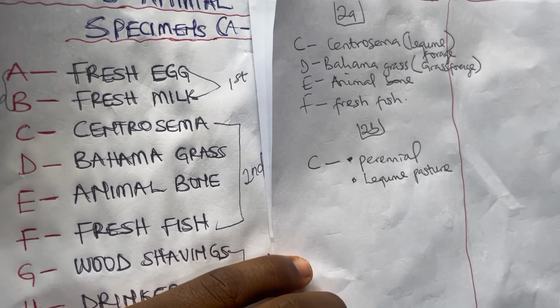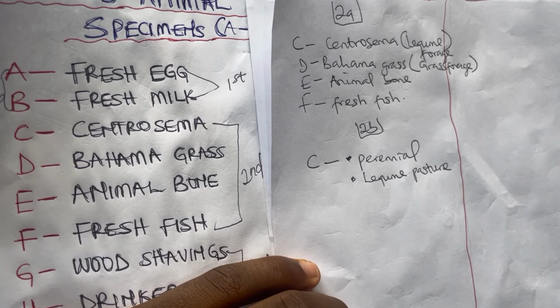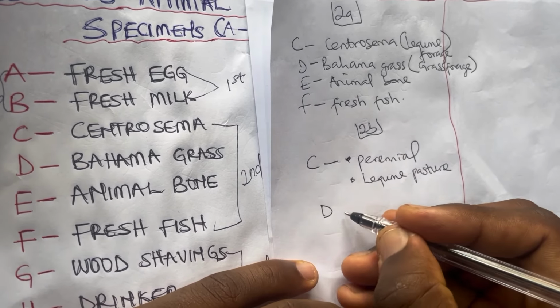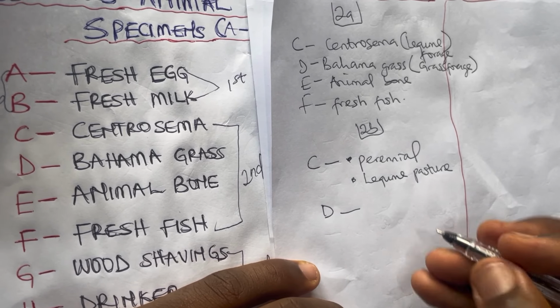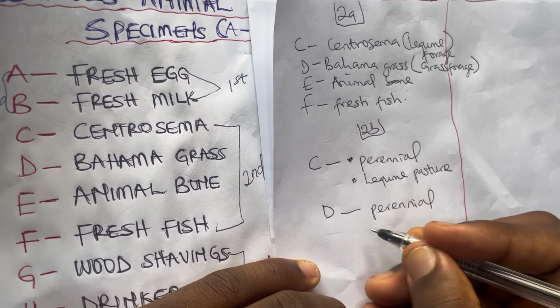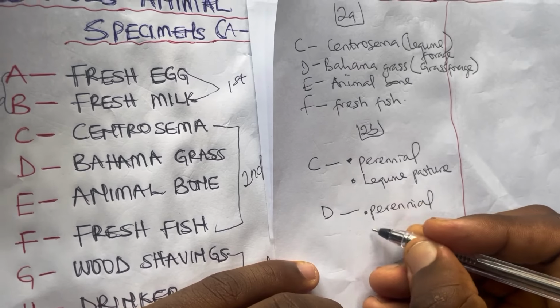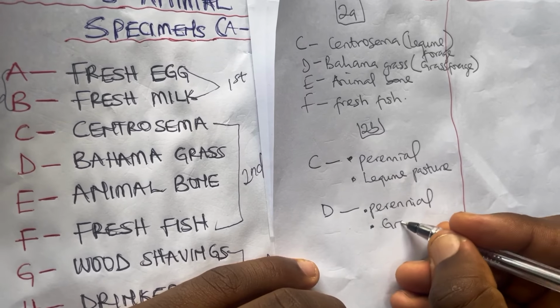What about specimen D? For specimen D, the life cycle is also perennial, but the type of pasture is grass pasture.